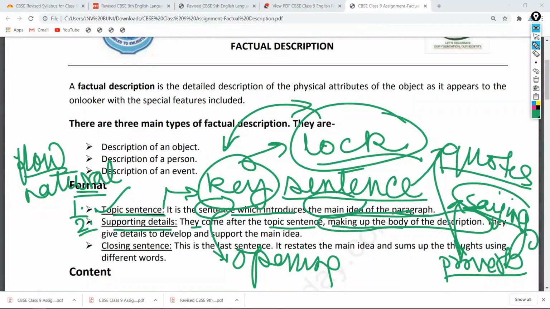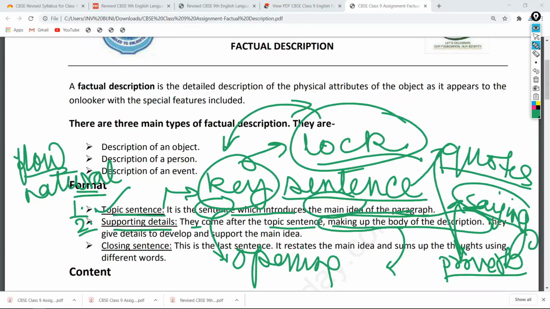They support the key sentence or the topic sentence in the body of the description, just like the body of the letter you write after the salutation. After the salutation, you introduce the topic, and then you write the body of the letter.